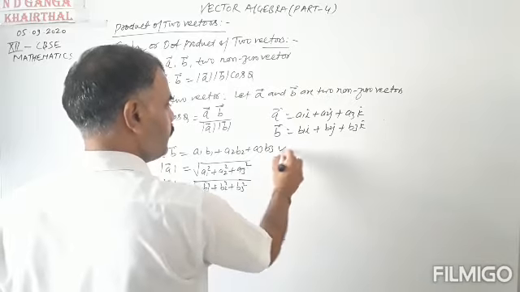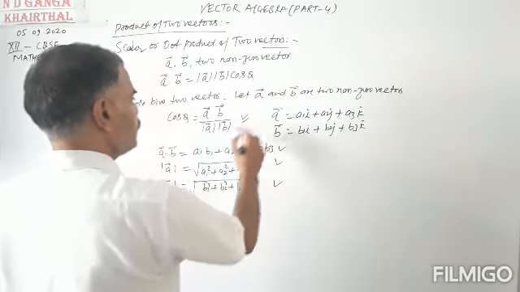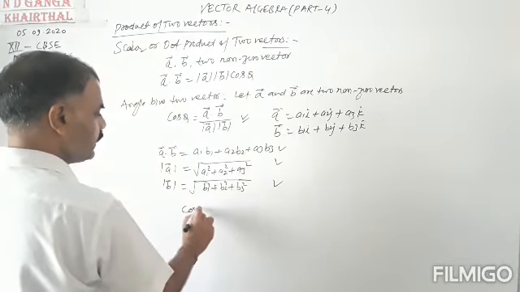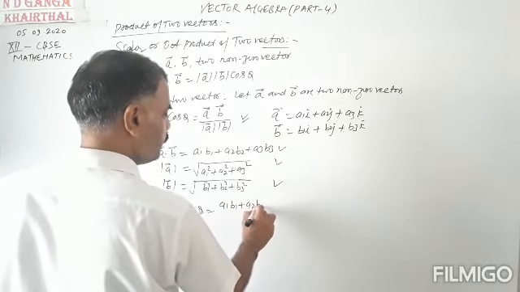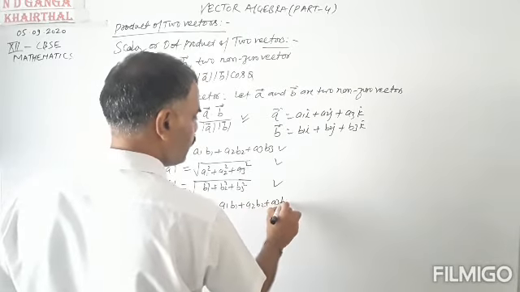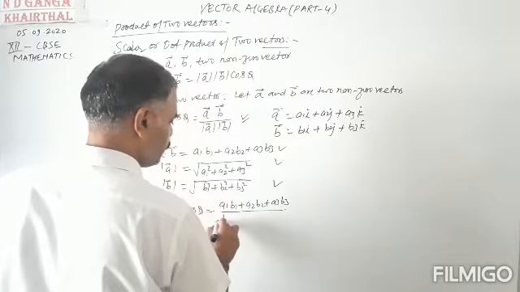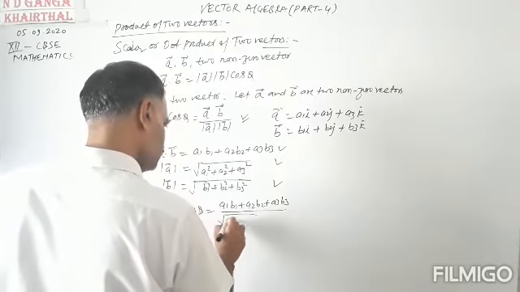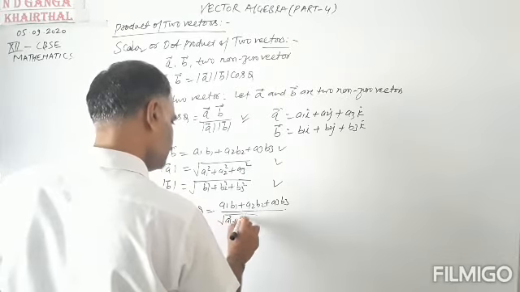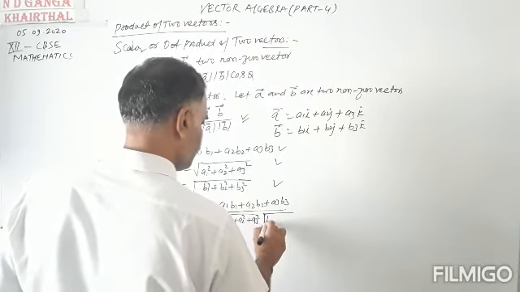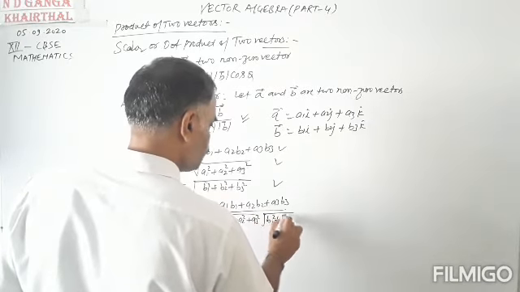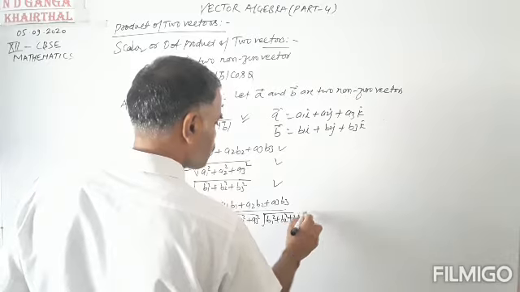After putting these three values in cos theta, we have cos theta equals a1 b1 plus a2 b2 plus a3 b3 divided by under root a1 square plus a2 square plus a3 square, multiplied by under root b1 square plus b2 square plus b3 square.